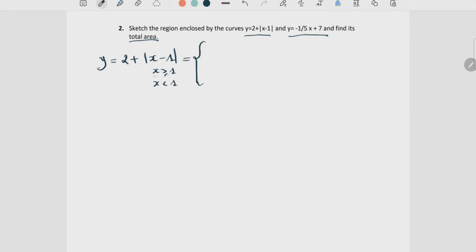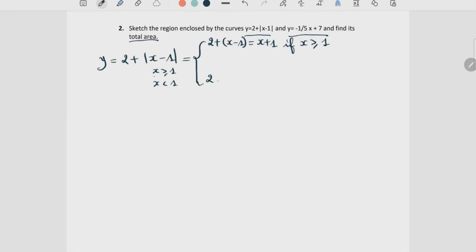So if x is greater or equal to 1, then the absolute value of x minus 1 is a positive value, right? In that case, you would have 2 plus x minus 1, which is just equal to x plus 1. And that is the case if x is greater or equal to 1.